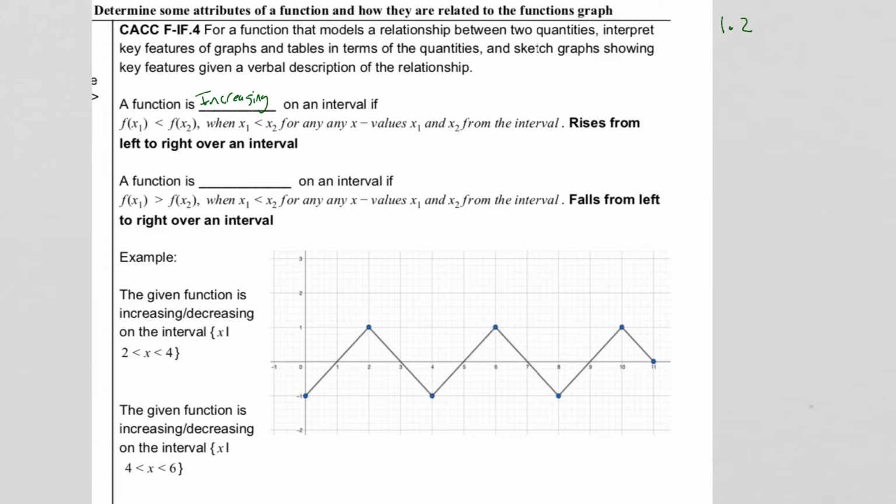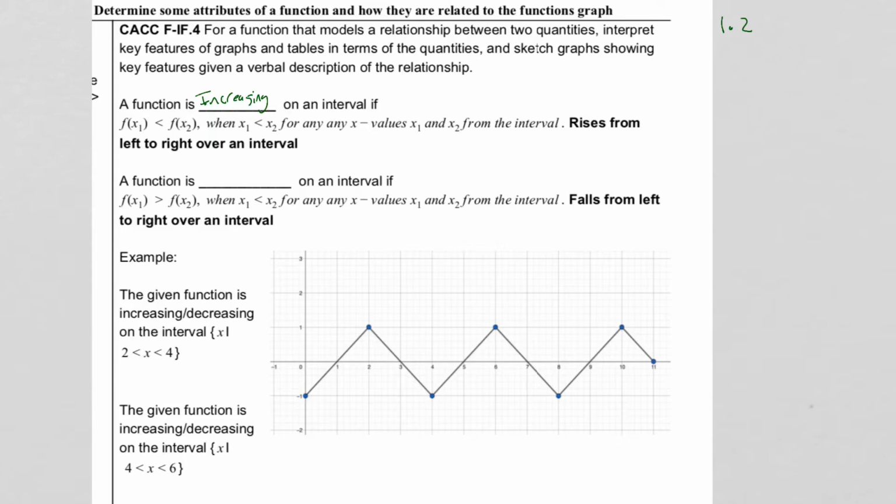So what that means in plain English, that's all technical math jargon. Not that that's not important, but what's more important is you understand what's happening. Basically, a function is increasing if from left to right over an interval, it's rising.